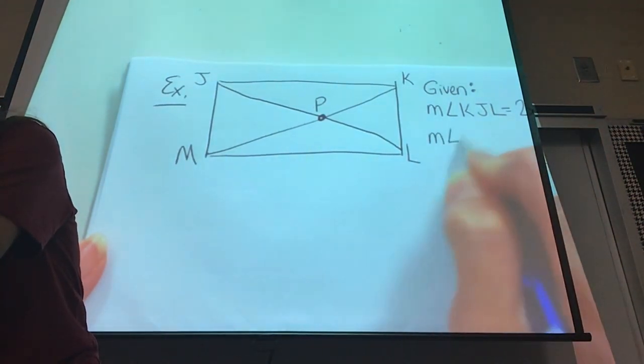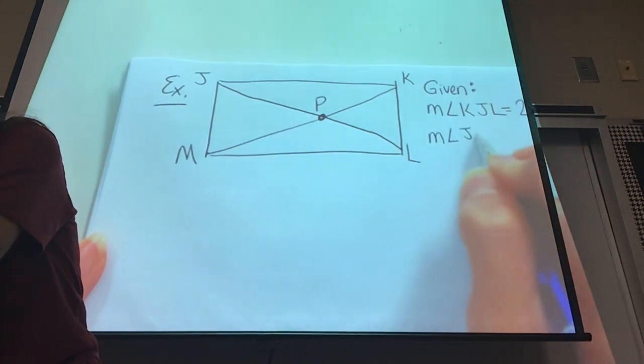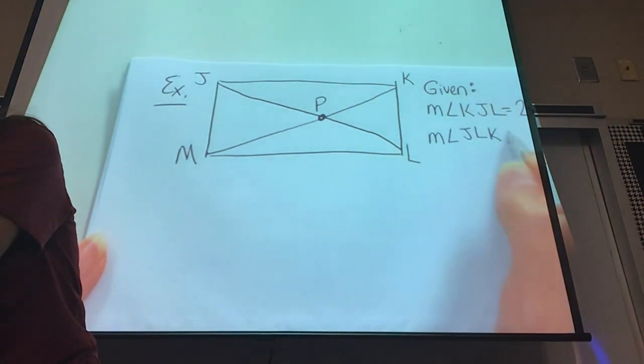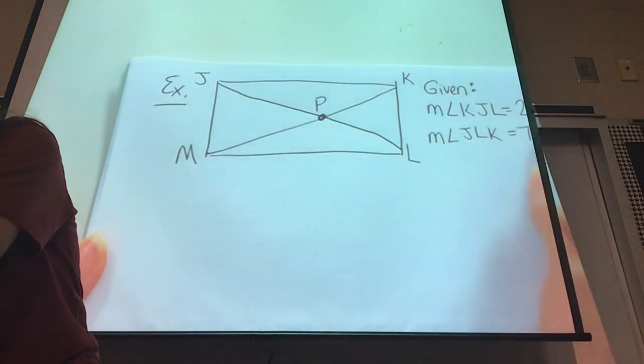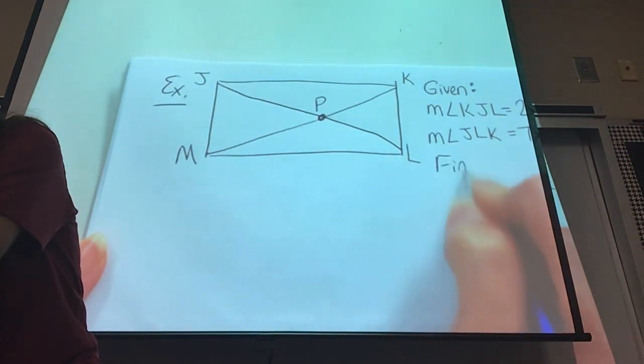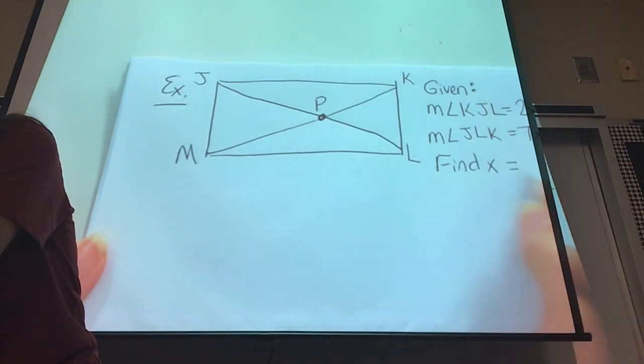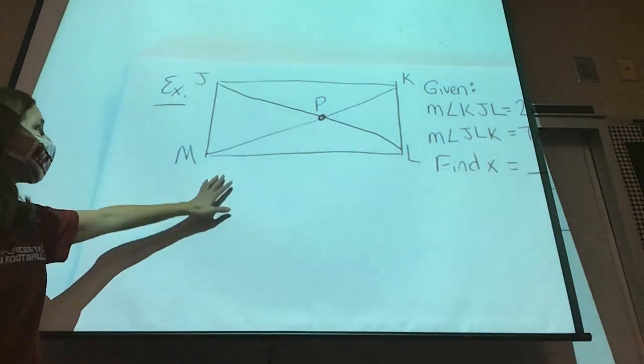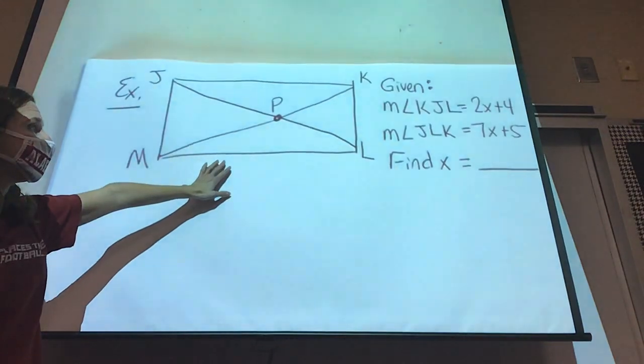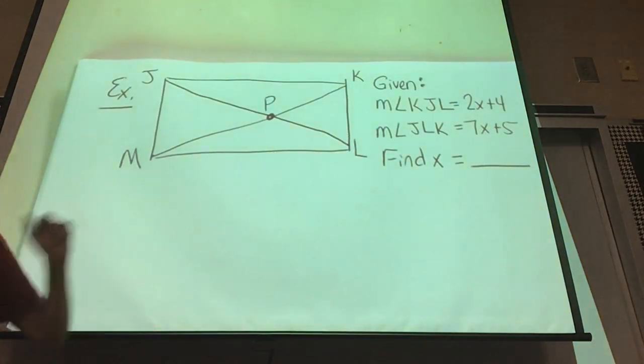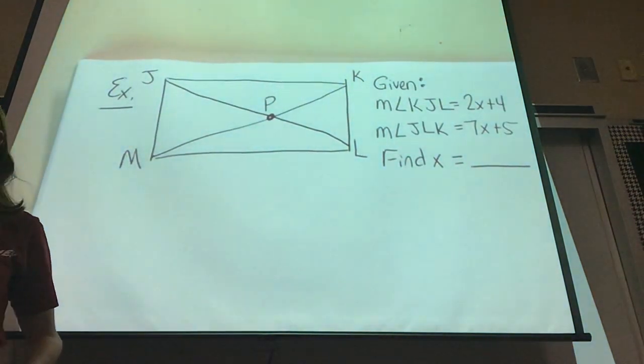And the measure of angle JLK is going to equal 7x plus 5. We want to find x. So we've got our rectangle. Here's what I know, and there's what I want to find.